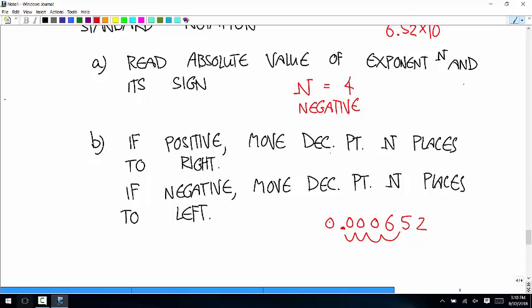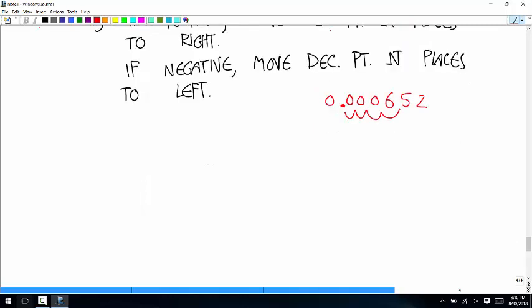All right. The last thing I want to talk about is unit prefixes. I'm just going to give you the ones that are really common.